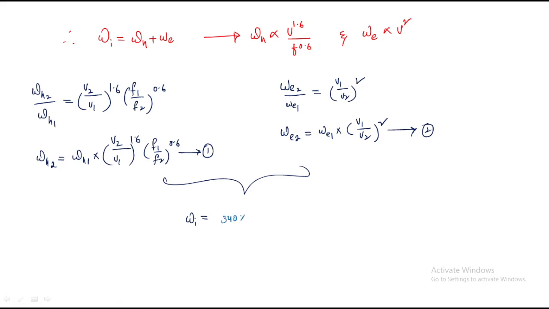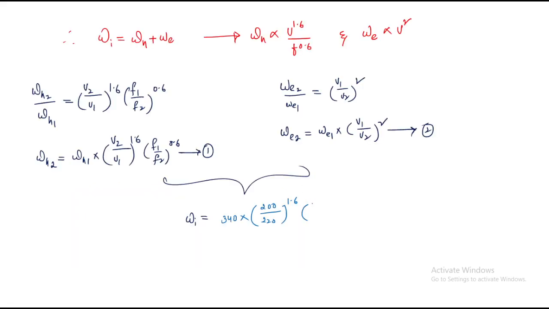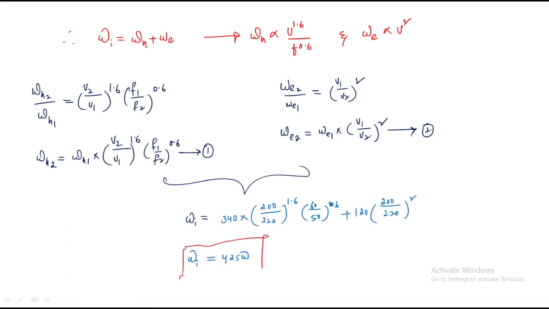WH1 is 340 into V2 is 200 by 220 power 1.6, and F1 is given as 60. This is 60 by 50 power 0.6, plus 120 into 200 by 220 whole square. So from this, the value of iron loss component should be equal to 425 watts. This is the iron loss component for the case.